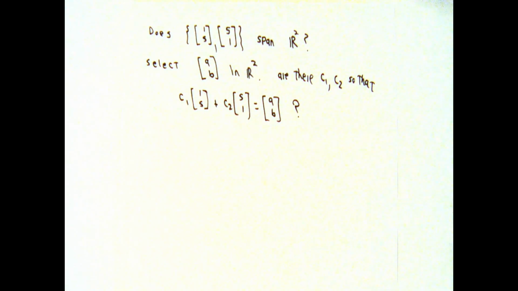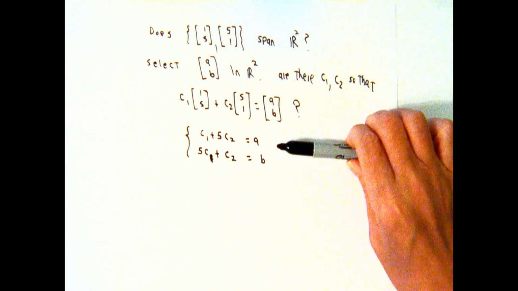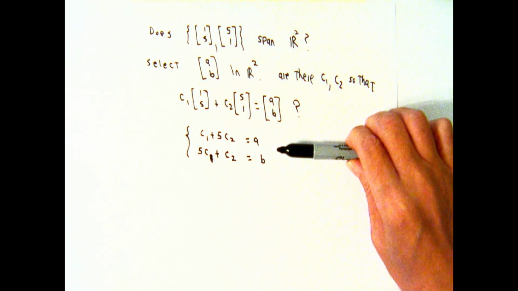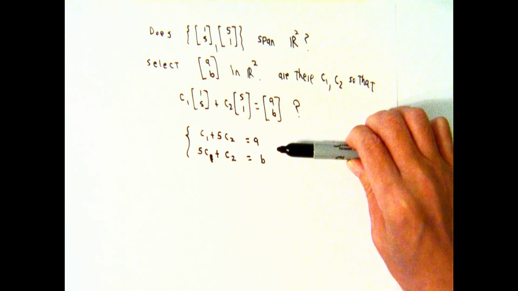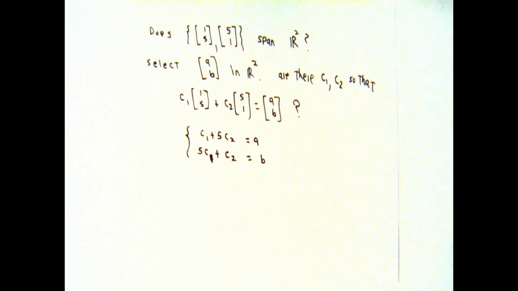In the first case, we'll say that the pair of vectors spans the space, and in the other one, it doesn't span the space, being R2 here. This boils down to answering the question, does this system of equations have solutions, C1 and C2 values, regardless of what the A and the B are?